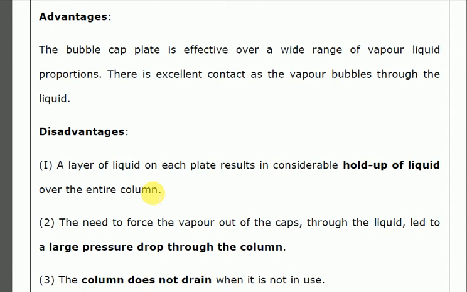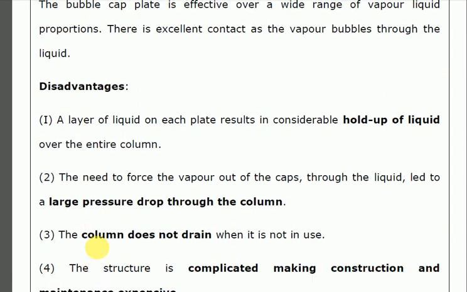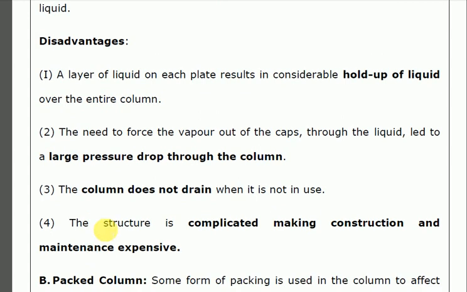The pressure required will be much higher, but when the vapor strikes and comes back, the pressure drops, and because of that the whole pressure keeps dropping continuously, giving a larger pressure drop in summation. Also, the column does not drain. The structure is complicated and very expensive.